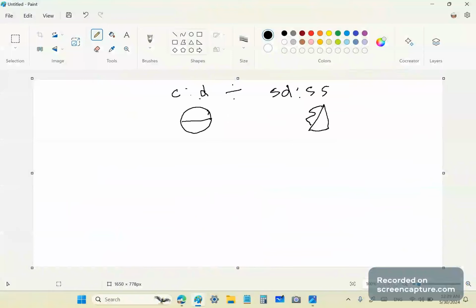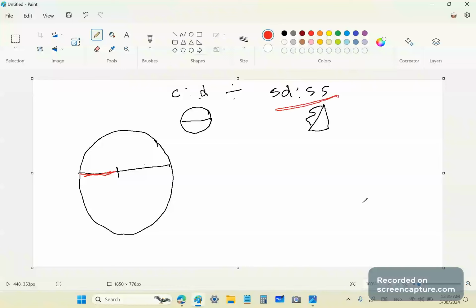And how do you do it? Well, you have a circle like that. So the one is approximately this ratio here. Let's do this one in red. Let this represent this ratio, and this line segment represent this ratio.